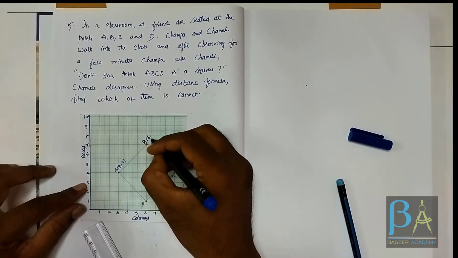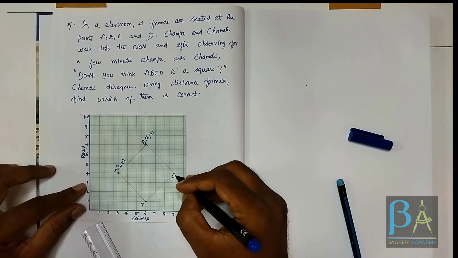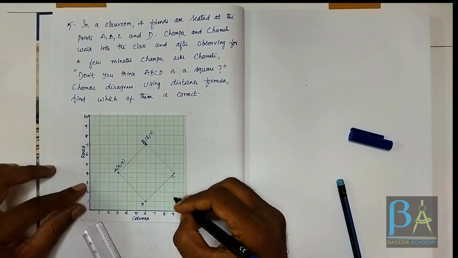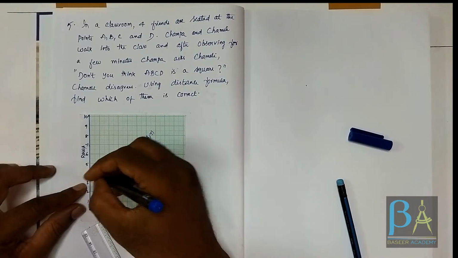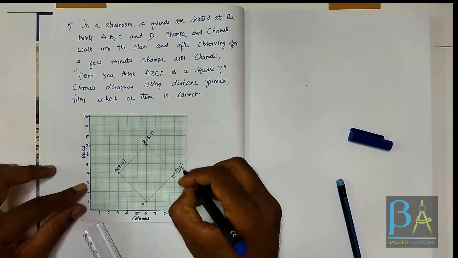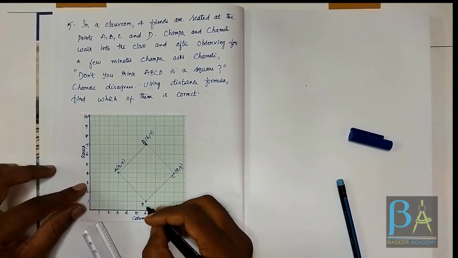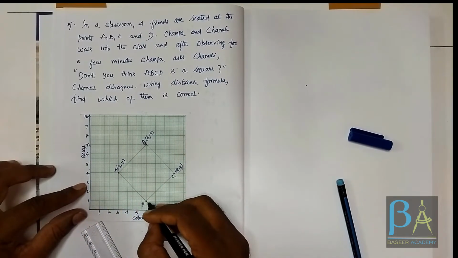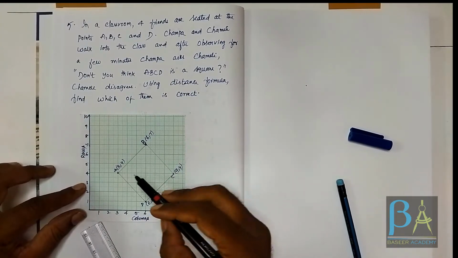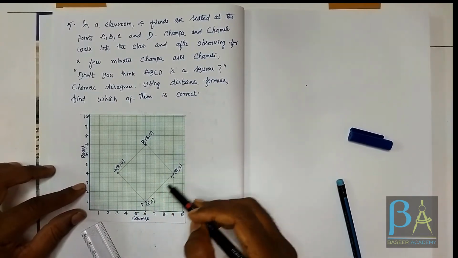So the coordinates here are 6, 7. What are the coordinates of point C? On the x-axis it says 9, and on the y-axis it says 4. So 9, 4. For point D, on the x-axis it says 6, and on the y-axis it says 1. So 6, 1. So those are the coordinates of points A, B, C and D.